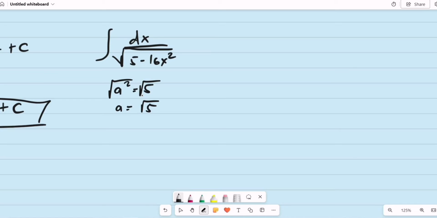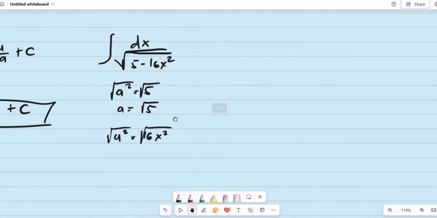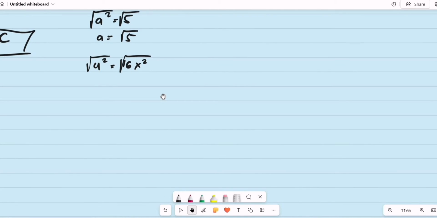Then the equivalent of u squared is equal to 16x squared. If we take the square root of both sides of the equation, u is simply equal to 4x.